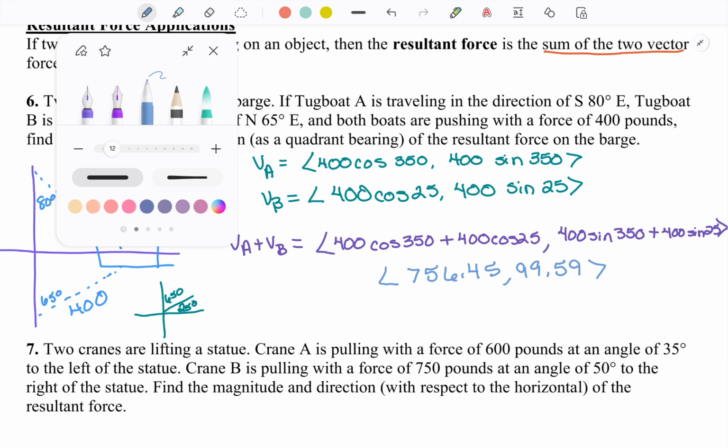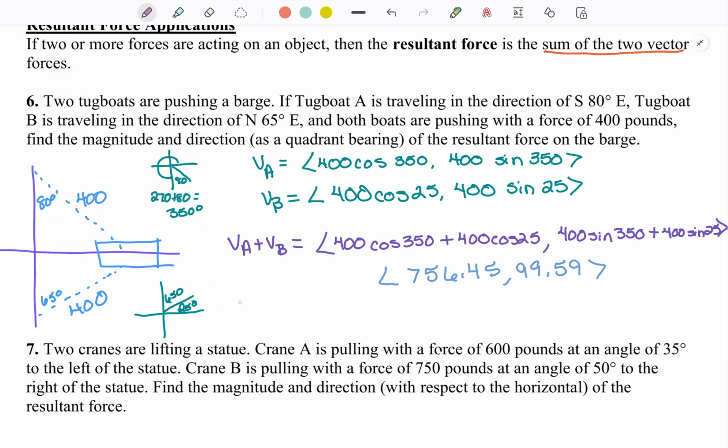For magnitude, we are going to have the square root of a squared, which is 756.45 squared, plus b squared, which is 99.59 squared. I'm just going to put that in my calculator, and that gives me 762.98 pounds of force.